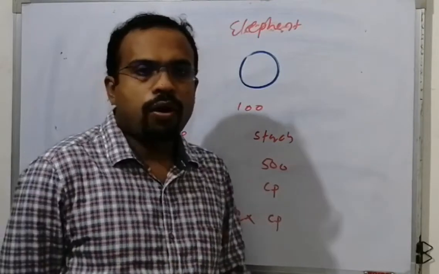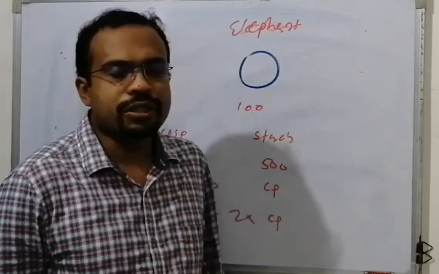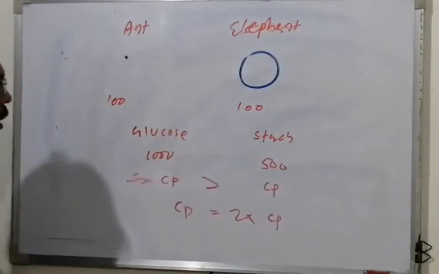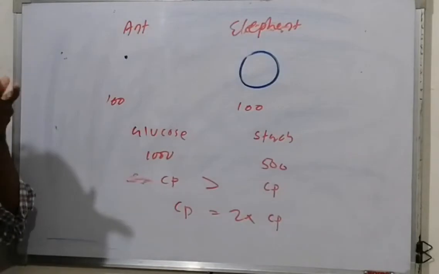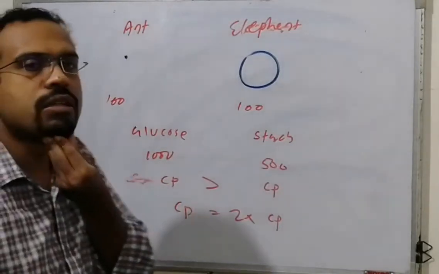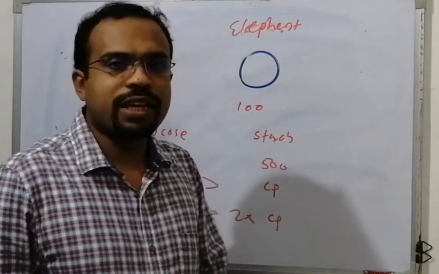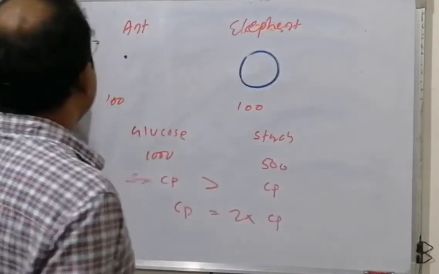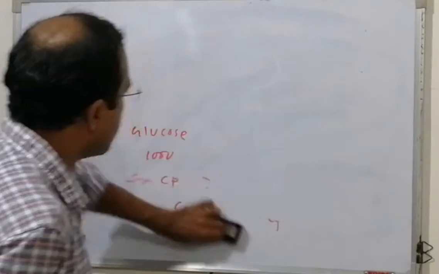Okay? Only if they are ideal solutions. That is the meaning. Colligative property depends only on the number of solute molecules, not the nature. Okay? Now we can discuss what the colligative properties are.